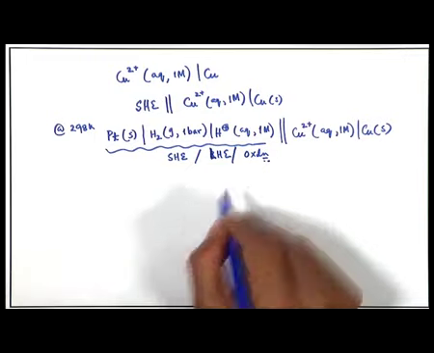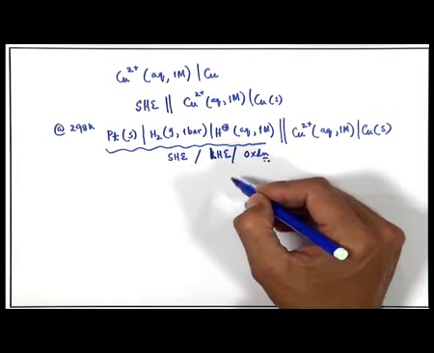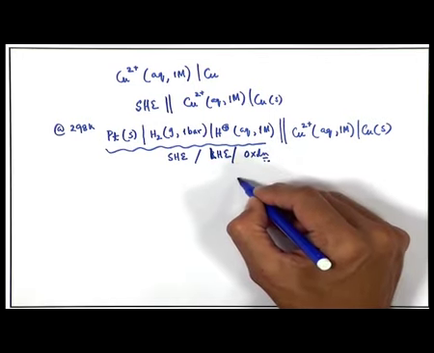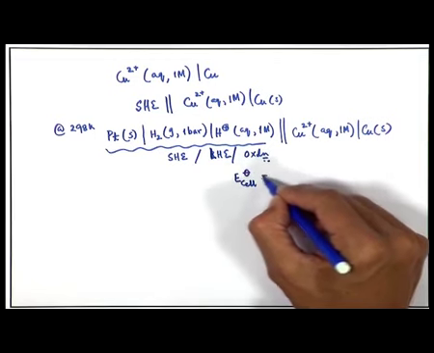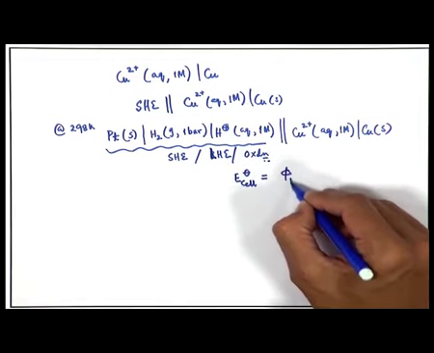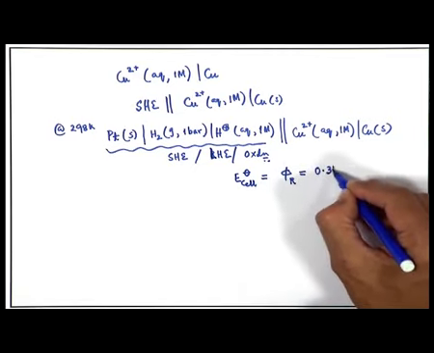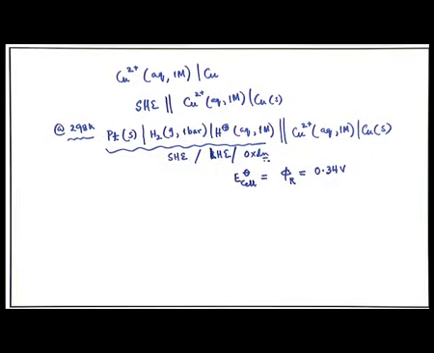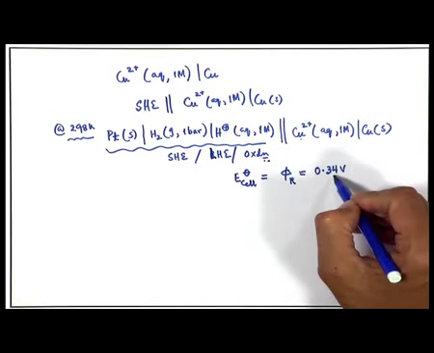So, if you measure at 298 Kelvin, you will be getting some value, and it is found that E cell, which is equal to phi right, is equal to 0.34 volt at this temperature condition. So, therefore, the reduction potential of this half cell is like this.